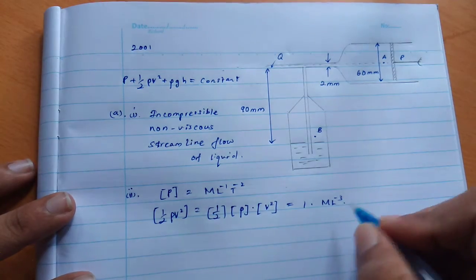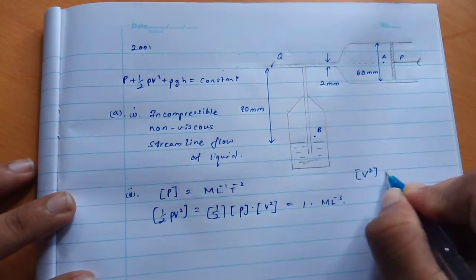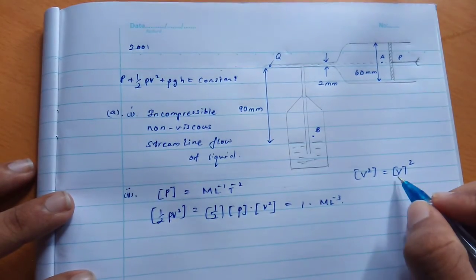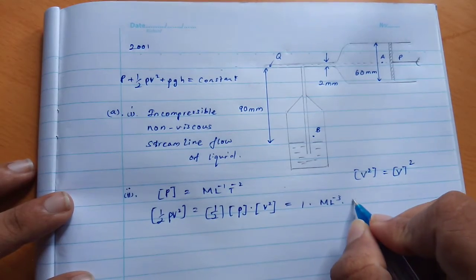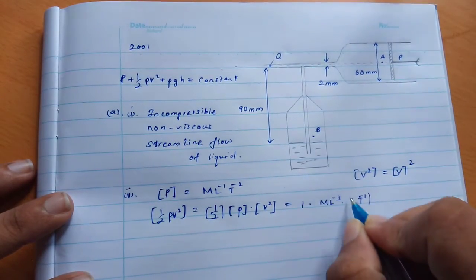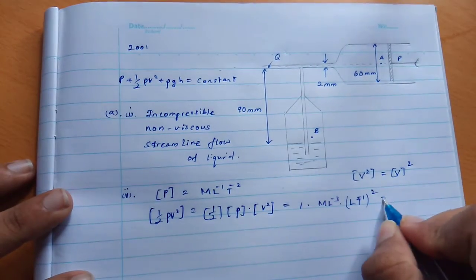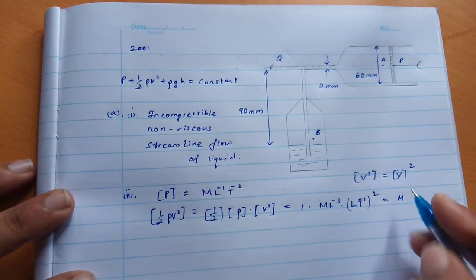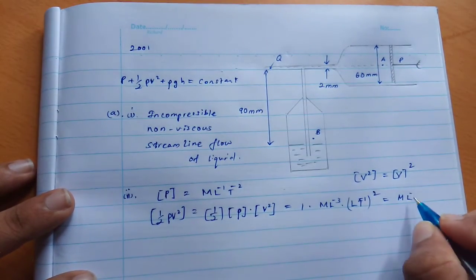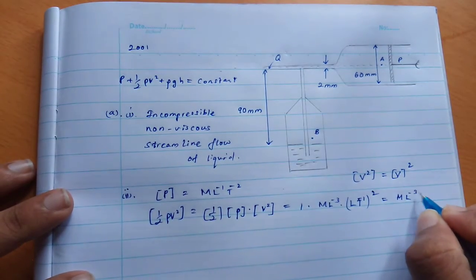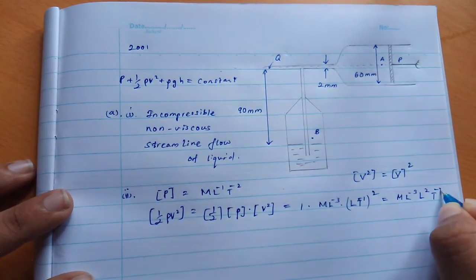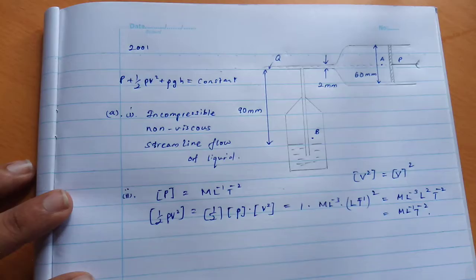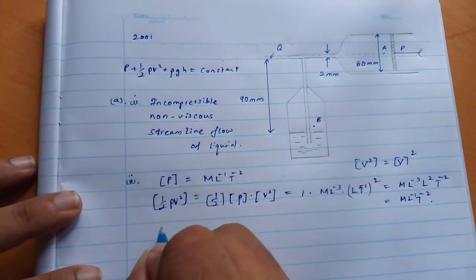The dimension of V is L T minus 1, and this term is squared, right? So let's simplify this. We get M, L minus 3, L squared, T minus 2, so we get M L minus 1 T minus 2. And finally we have this rho g h term.